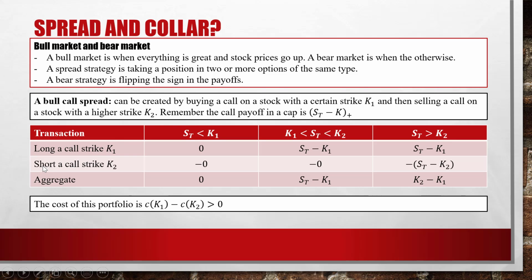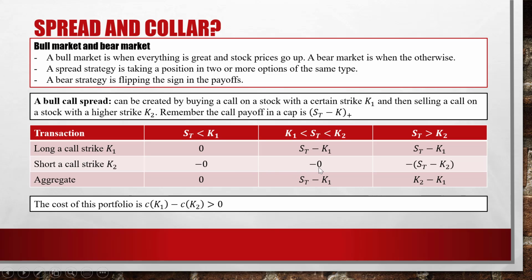Now if we consider a short call with strike K2, when you short this side, you have to flip the sign, because when you short, you get money back. So the payoff should come with the negative sign in front. When the stock price is less than K1, of course, the stock price is also less than K2, so (S_T minus K2)+ here should be 0, and don't forget the minus sign.